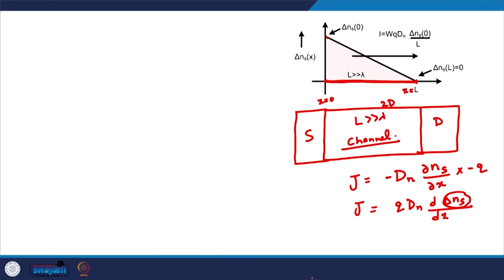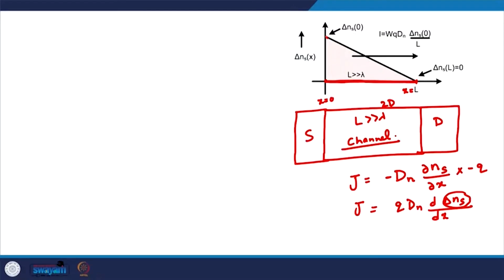If, in addition to this diffusive transport, in addition to just collisions in the channel, we also have recombination generation of electrons, then this profile will be sublinear. It will no longer be a linear profile. Okay.